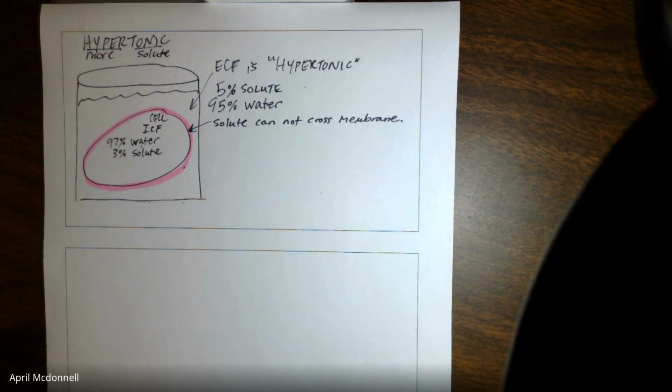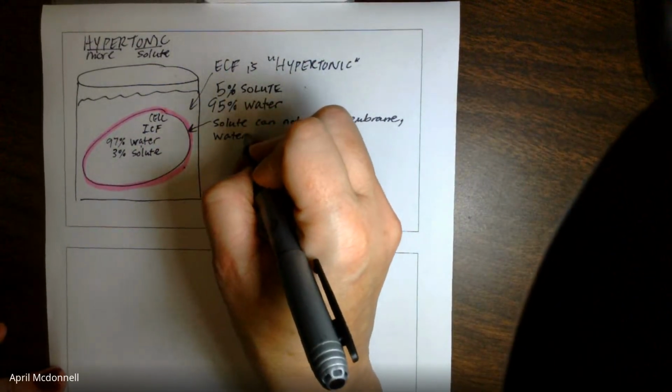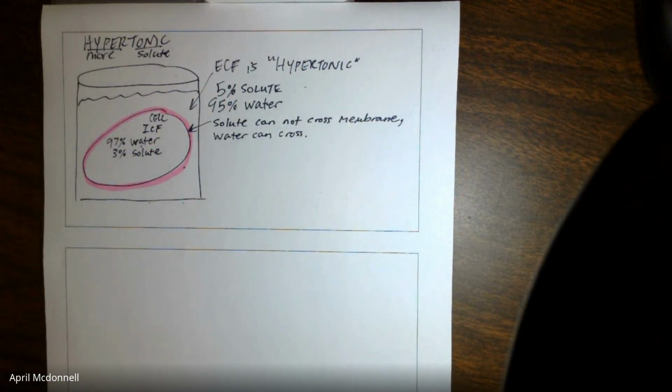So solute cannot cross the membrane, but water can cross. And just like all molecules, water will want to move from an area of higher concentration to an area of lower concentration. Can you identify where there is a higher concentration of water?